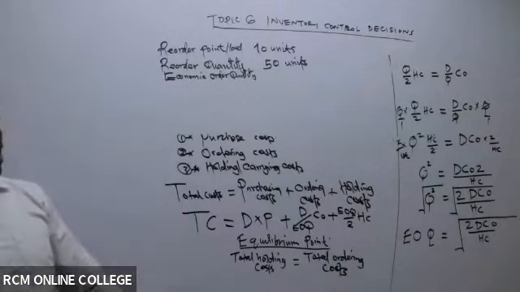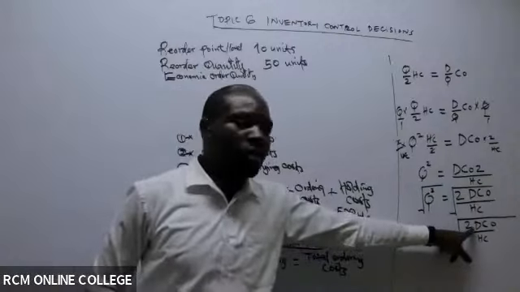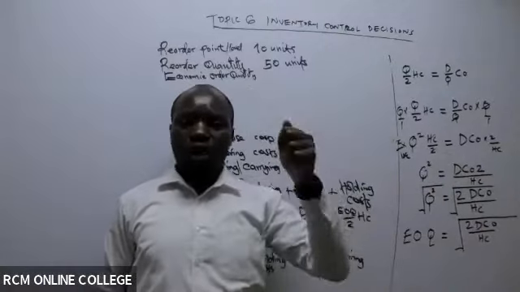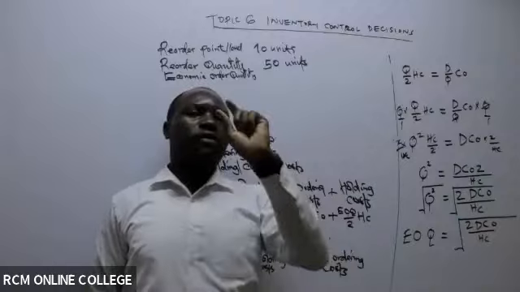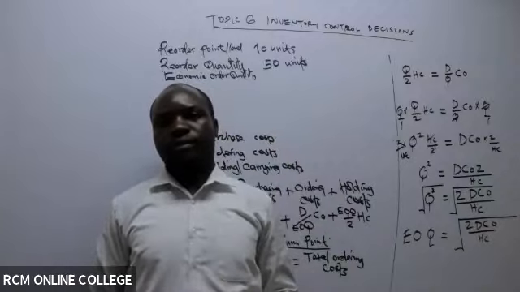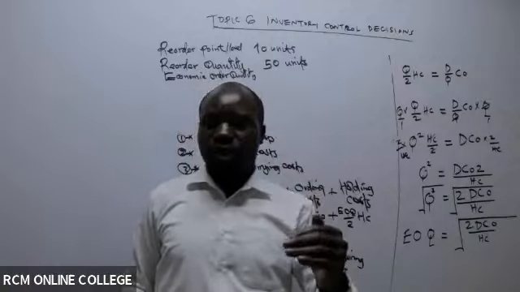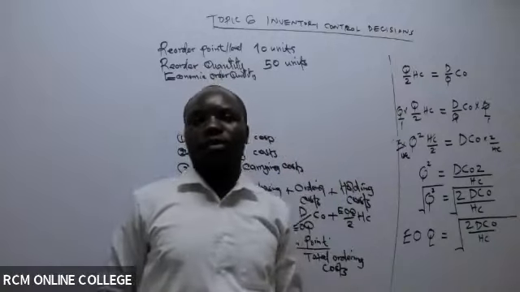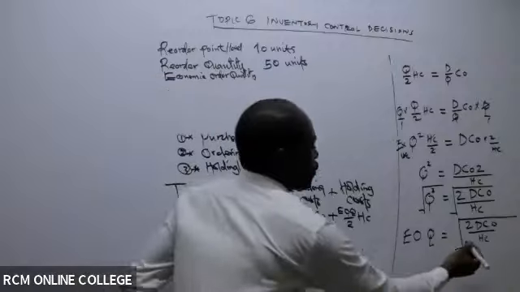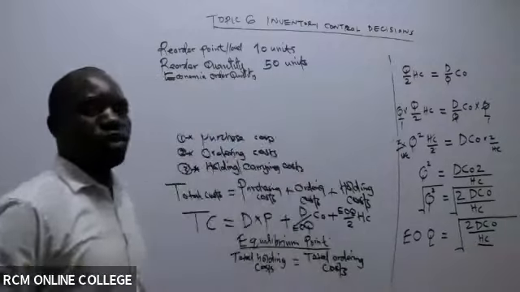Instead, the examiner will give you annual demand. The examiner will give you ordering cost. The examiner will give you holding cost. I believe it is the same group that did management accounting at intermediate level. And even the holding cost, you will not be given directly.